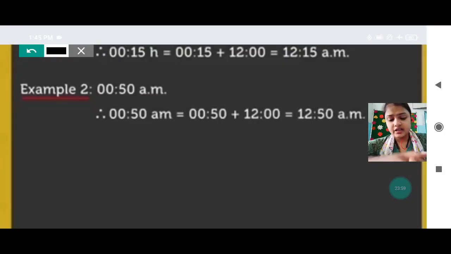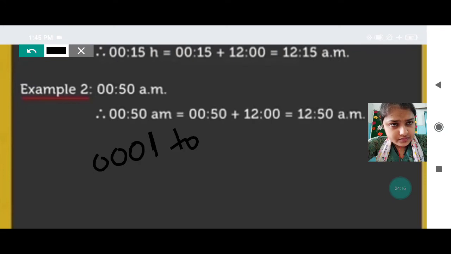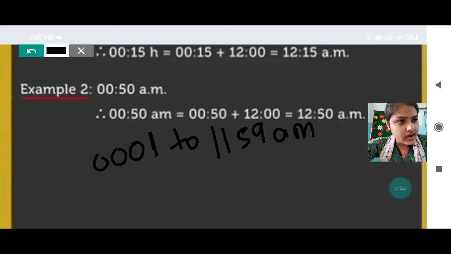When converting 24-hour clock timing to 12-hour clock timing, keep this in your mind: from 0001 to 11:59, it will be in AM.